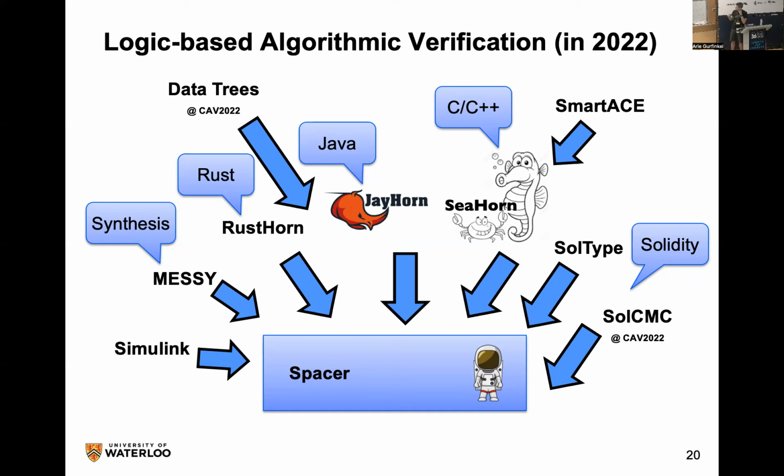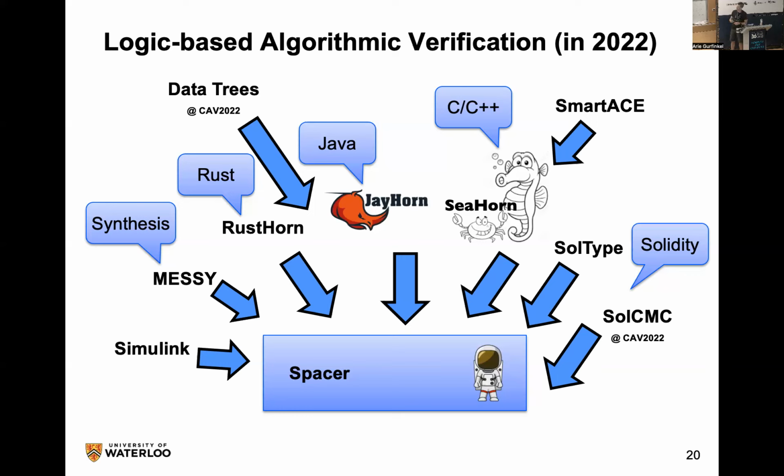What I wanted to point out here, I guess, is that there's a large collection of tools and more than just program verification. So people have used it for type inference. This is SolType. There's at least two talks at CAV that use it. One, SolCMC, kind of uses it in a way that it was intended. It goes from some programming language into verification.